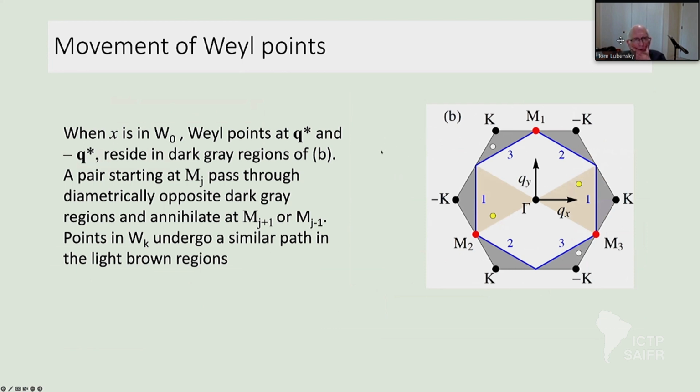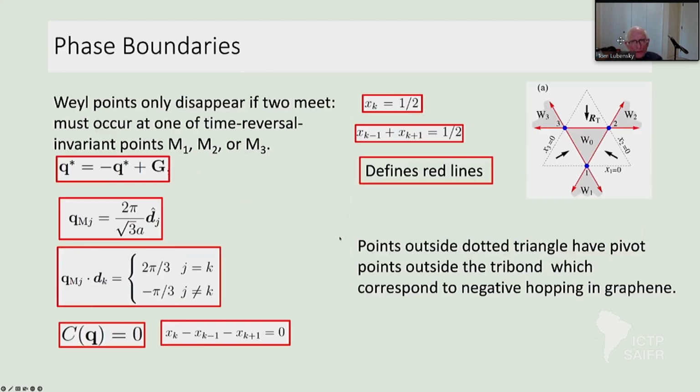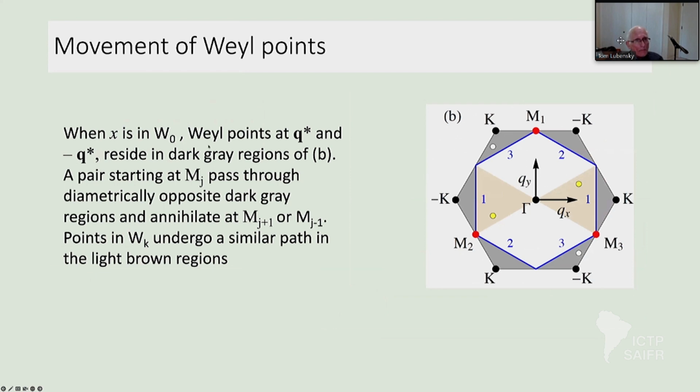Okay, so what happens to the Weyl modes? When the X point is in the 0 region, so we go back to here, when a Weyl point is in here, they reside if they're in W0, they reside in these dark regions right here.